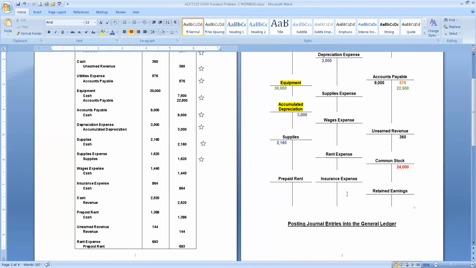Okay, supplies expense. 1,620. So $1,620 for supplies expense. And that is coming out of supplies. Credit side of supplies.